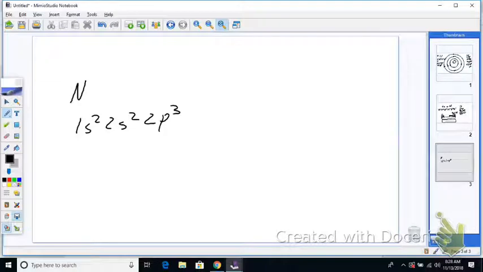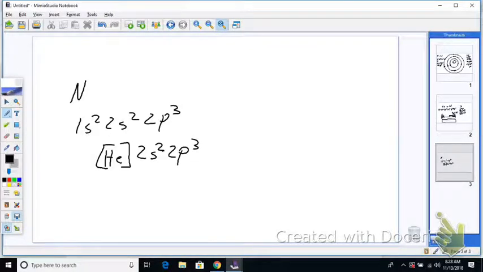Helium. It doesn't make a lot of sense on these easy ones, but it's good to show you. I'm going to put helium in brackets and start from helium. So what comes after helium? Right, the second row, or second level. So I'm going to put 2s2, 2p3.